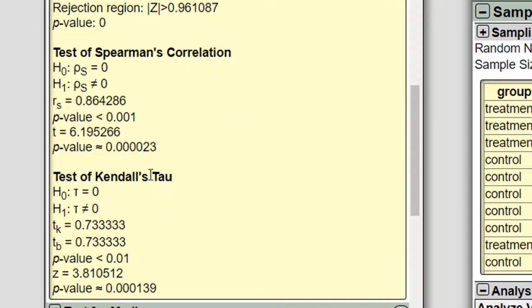And then Kendall's tau is more complicated, and it's arguably a better representation of the non-parametric correlation. Anyway, you can see the tests are done on whether or not these parameters are equal to 0 or not. So they're just two-tailed tests for non-parametric correlation.